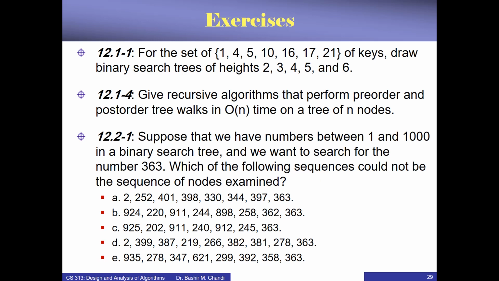As we know, if we are searching, we're going to keep going left and right. If the target is less than the current key, we go to the left. If it is greater than the current key, we go to the right. So if you take this example A, for example, first we search 2, and we couldn't find 363. Obviously 363 is bigger than 2, so we will have gone to the right.